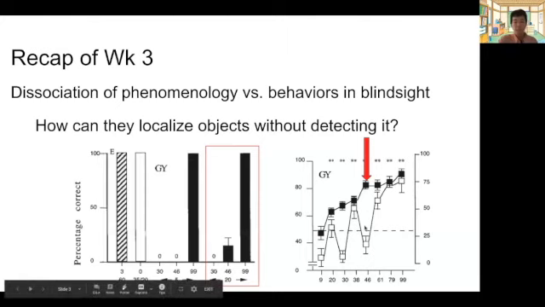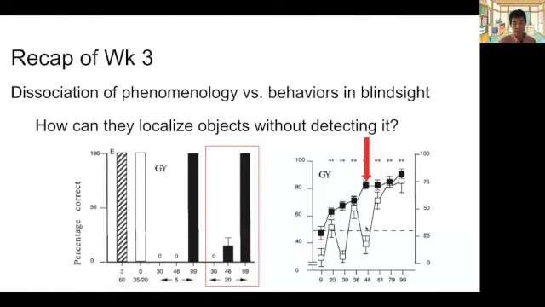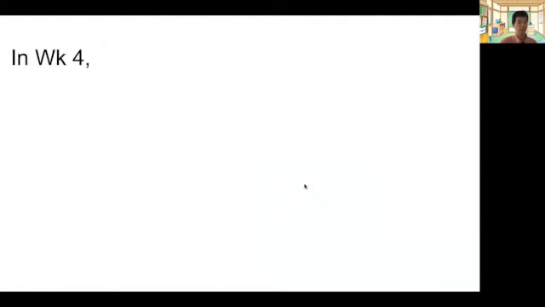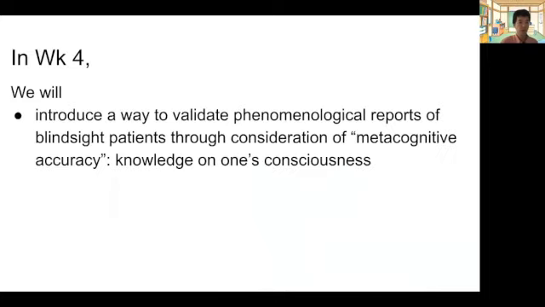So here, chance performance is 50%, and they were correct at 80%. It's a dissociation. Okay. So in this week, following from this blindsight discussion, we are going to introduce a way to validate phenomenological reports of blindsight patients through consideration of metacognitive accuracy.